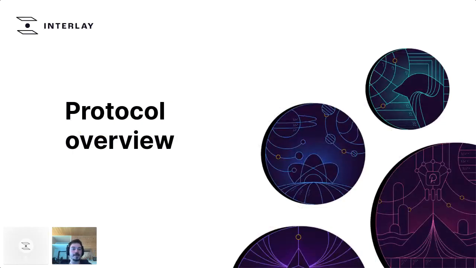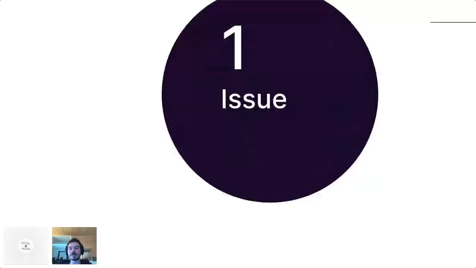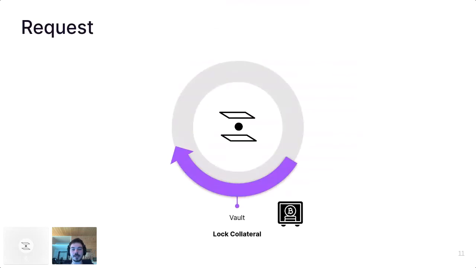Let's look at the main protocols that underpin Interlay, mainly the minting and redeeming part. So first is the issue protocol, and this is how you actually get KBTC or interBTC using your Bitcoin. The first step is that you select a vault. And as mentioned, the vaults are collateralized.